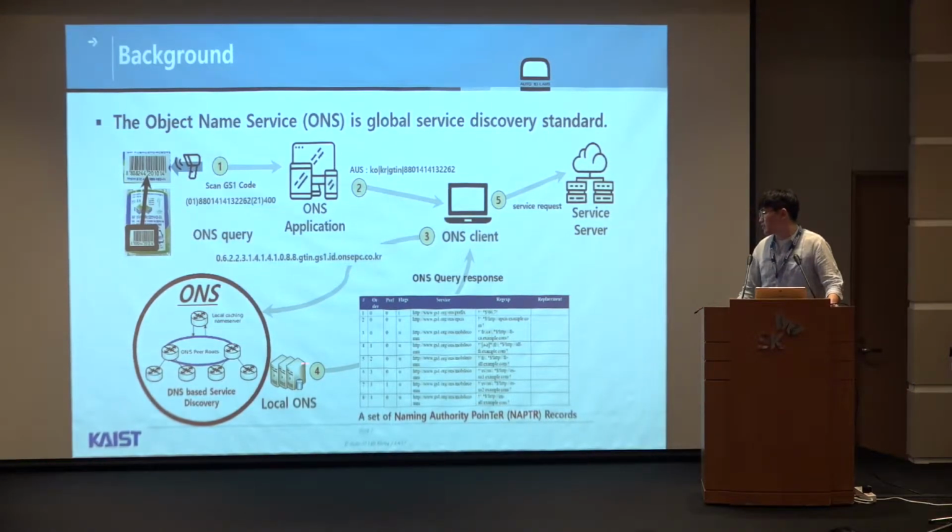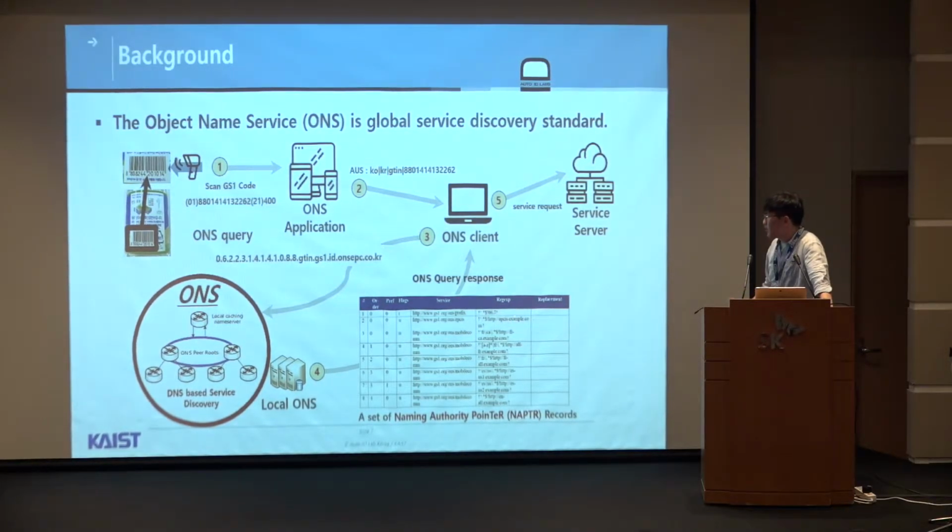So when the local ONS returns the query response, this is a DNS protocol, naming authority pointer record. It is standardized by the DNS. After the ONS client gets this service list, the user can access the service server through the URL.